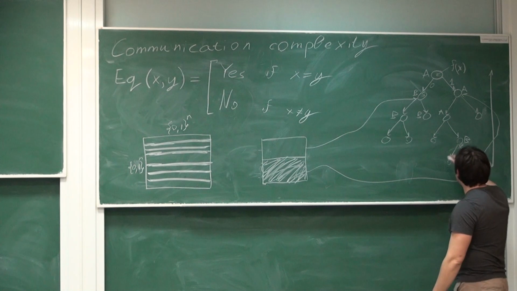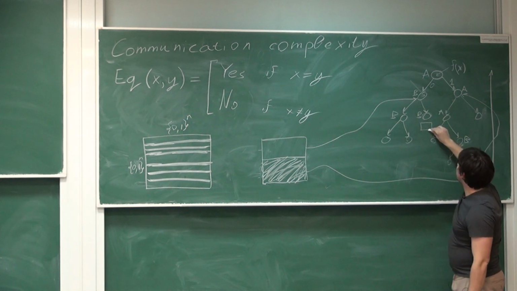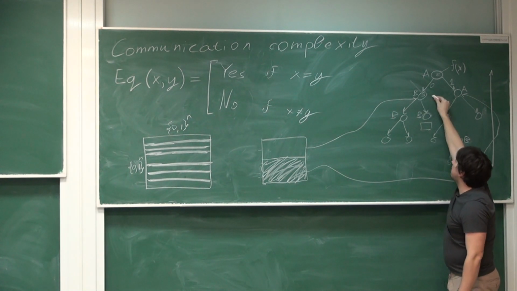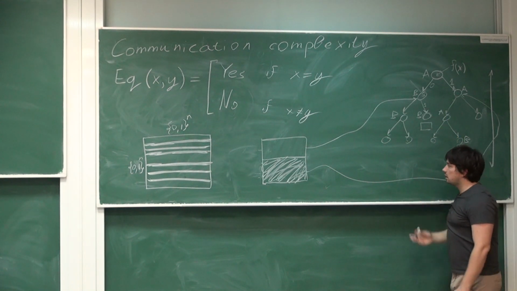So if we are here, we have a rectangle such that Alice said 0 and Bob then said 1.